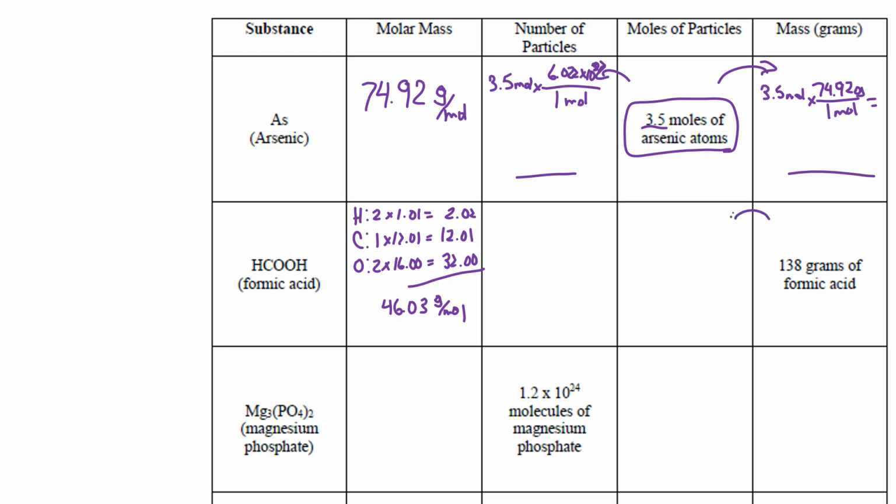So I can go from here to here, because I can take my 138 grams, and then I can use my molar mass. So for every 1 mole, I have that many grams, and then I can solve there.